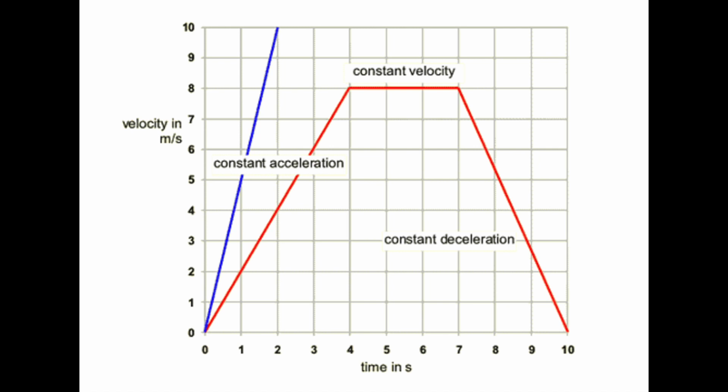The rate at which the velocity is decreasing is constant, but the velocity is decreasing. So we call it constant deceleration. If there is a decrease in velocity, it's called deceleration. But if the decrease is uniform, then it is called constant deceleration.